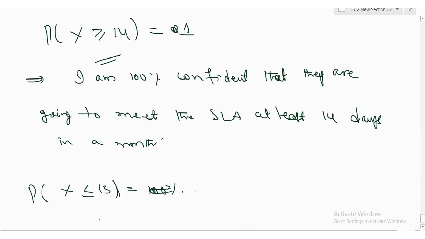What is the meaning of this? This coming 0%? What is the meaning of this?